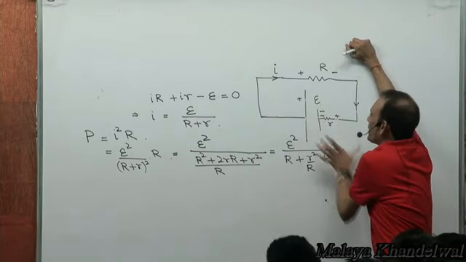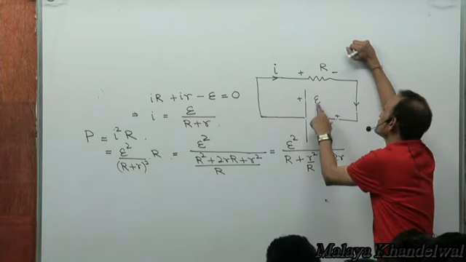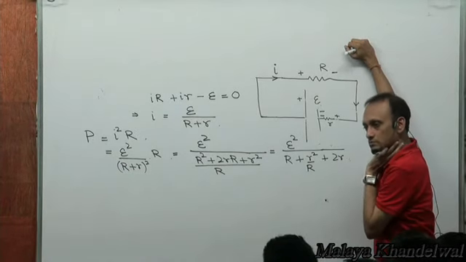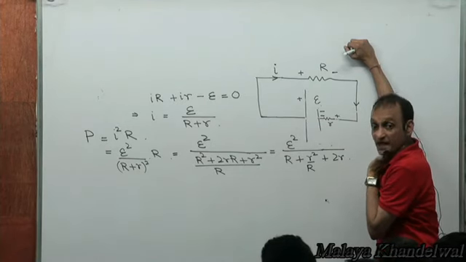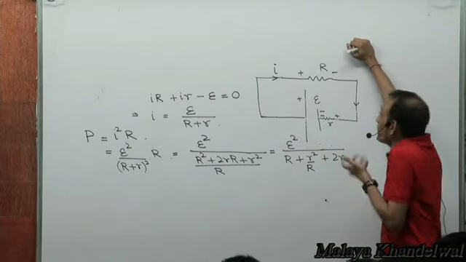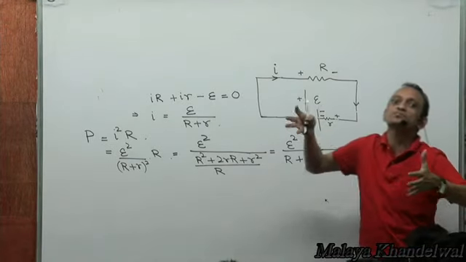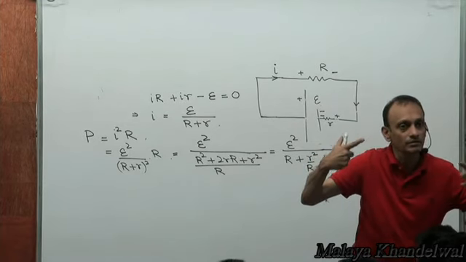I can't do anything about the battery. I am already given a battery, epsilon and small r. So epsilon and small r are constants. But I have a resistance box from where I can choose my resistance. I can pick my resistance, capital R.